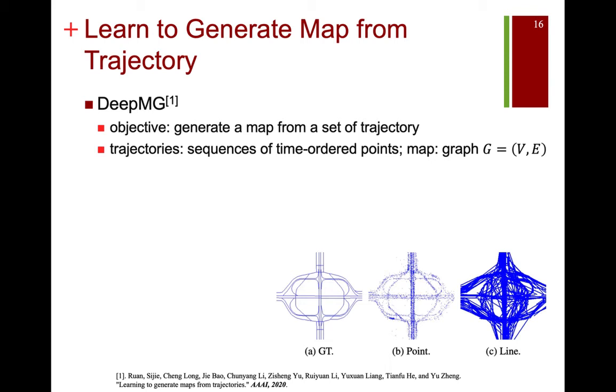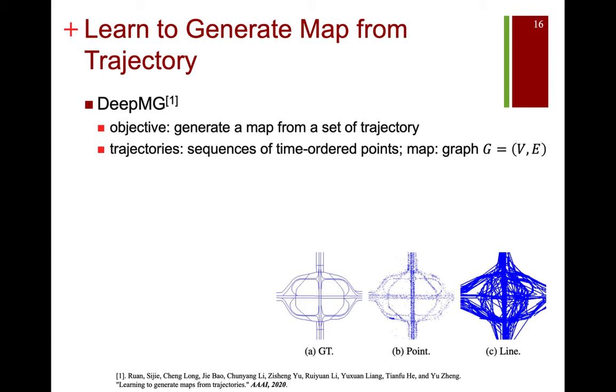But computers cannot do that. What a computer can see is just a set of spatiotemporal points. If we try to line up all the consecutive points in the trajectory, that will bring something like picture C, but the actual map or road network is shown in picture A.